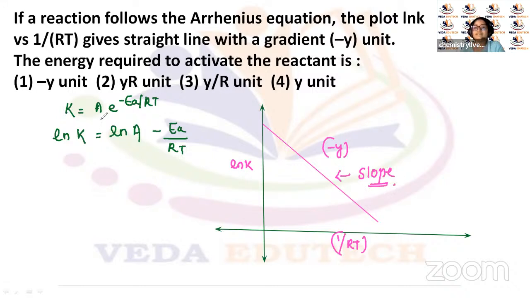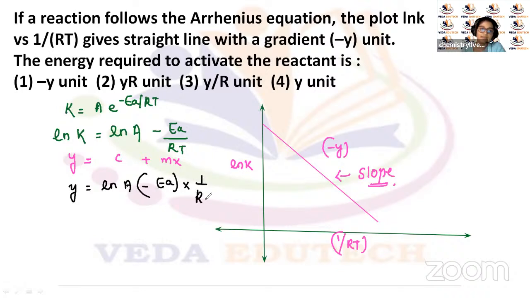Now if I see, this follows the equation of a straight line, right, children? y equals mx plus c. If I modify it a little bit and write it in this format, y equals ln A minus EA into 1 by RT.